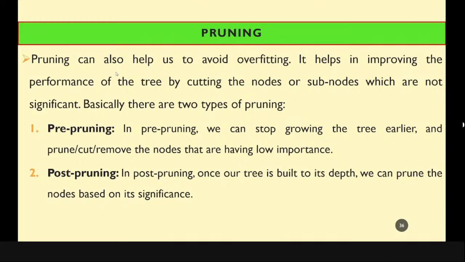And of course, when we are building the decision tree, it will be in the form of nodes. So we have to cut the nodes which are less important for the decision tree. In this way, it helps in improving the performance of the tree by cutting.